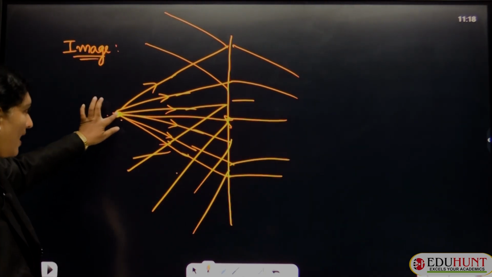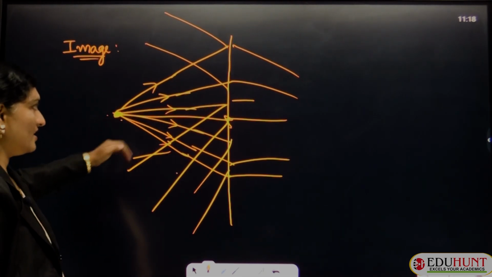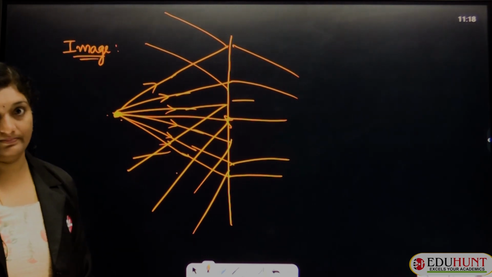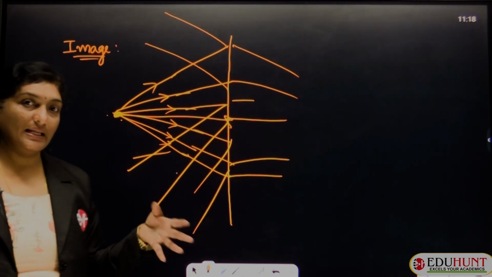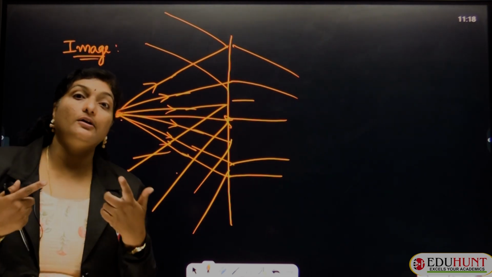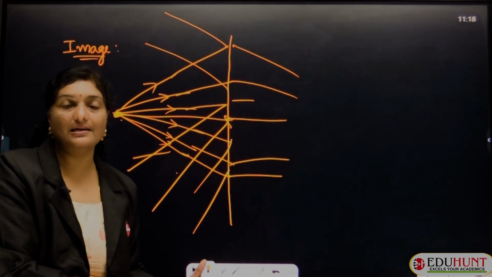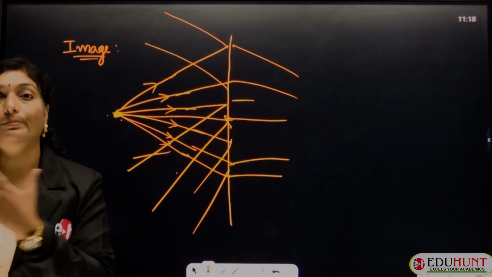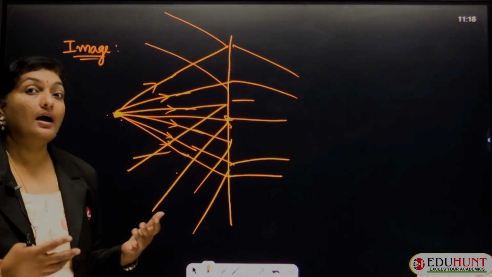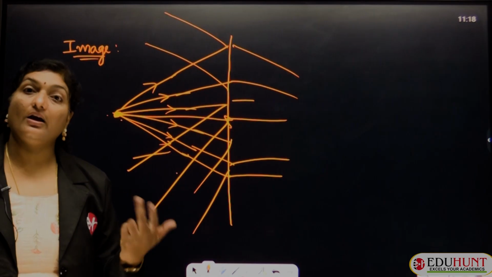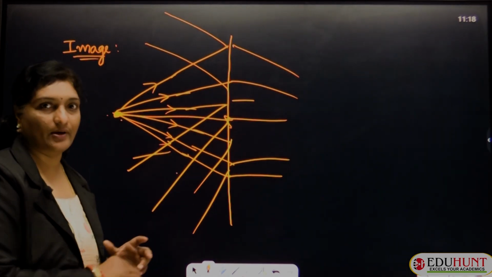So the rays of light diverging from a point, either after reflection or refraction, actually meet at some point or appear to meet at some other point. Either they directly meet or they appear to meet. They seem as if they are meeting, really they won't meet, but we observe it as so. It happens generally in the mirror. I'll picturize this carefully to make you understand.